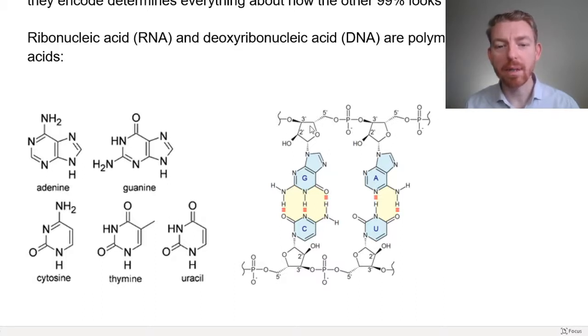So this is the backbone of the RNA. And each of these side groups that carries one of these nucleic acid monomers bonds with another one either through 2 hydrogen bonds or 3 hydrogen bonds. And this is why we always hear about these things pairing up, because it will be able to bond with either the 2 hydrogen bonds or the 3 hydrogen bonds.